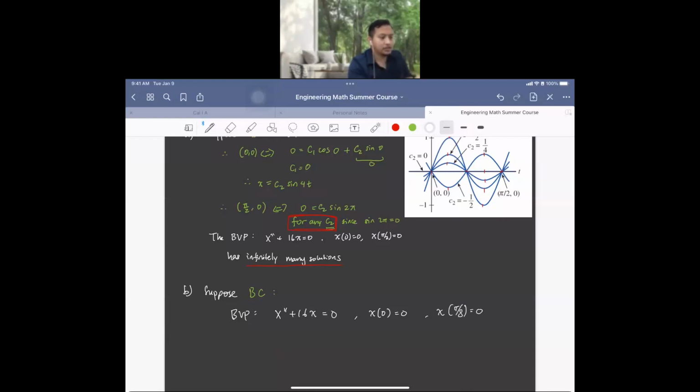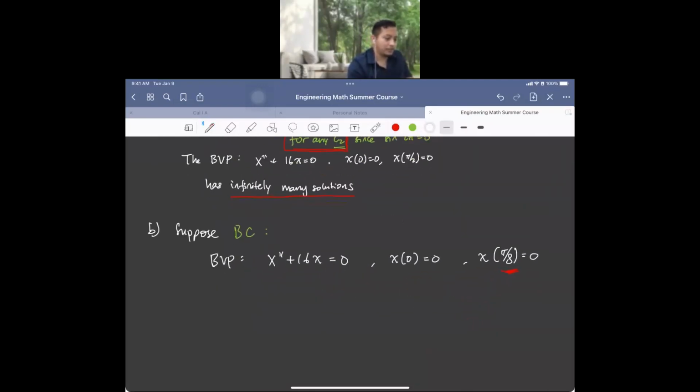Now we change the second one here. From the first boundary value, we still require that c1 be 0.